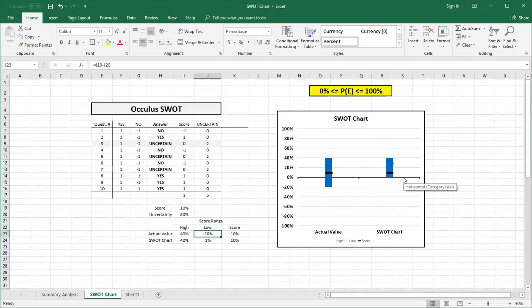But in the Oculus SWOT chart, we stop it from going below 0. And so it's got this boundary or edge effect where the center point, the score, looks like it's in the bottom portion of the bar. In actual fact, there's a negative percentage which extends below this, which we just don't show because it's meaningless. So when you see that, don't let it bother you. It's just the edge effect.